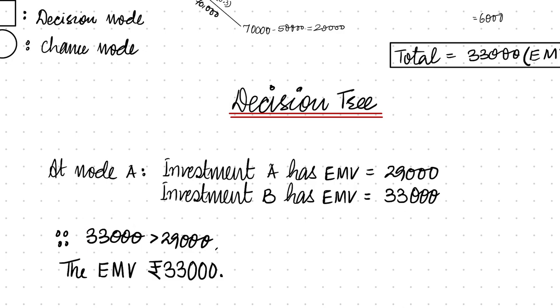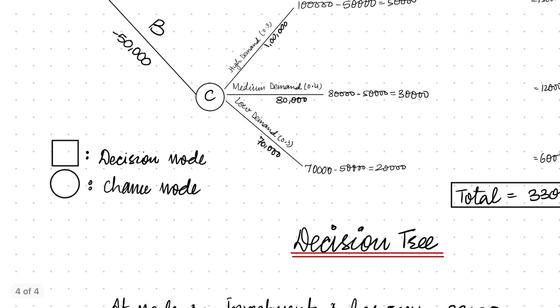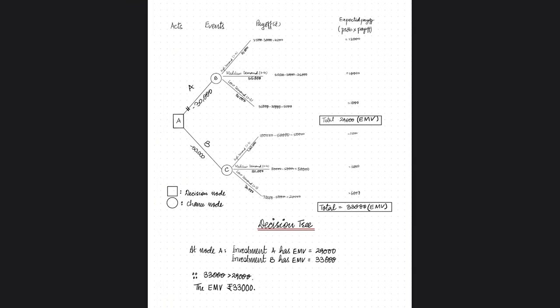That means the expected monetary value of 33,000 is recorded over node B, and a double dash is inserted to indicate the rejected branch, which I erased in the beginning. इसको हम यहाँ लगा देंगे, यानी ये ब्रांच अब रिजेक्ट हो गई, because we don't need it, because it doesn't have the highest return. So in this way we draw the decision tree. It helps to understand the decision making process because it is a graphical presentation. तो चीज़ें आसान हो जाती हैं समझना.